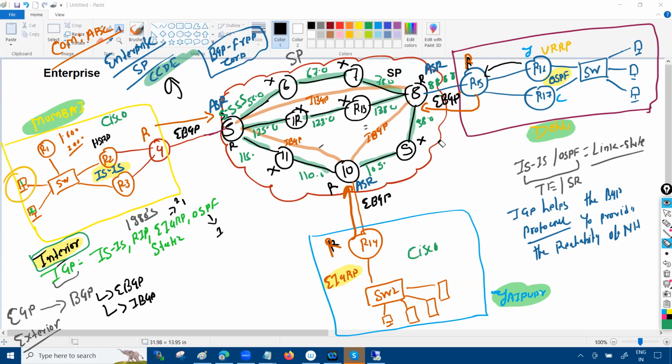So both BGP and IGP are required in the service provider core. Can you see that? We are running EBGP between the customer and service provider. Between the PE routers, we are running the IBGP protocol to exchange the routes, so that R6, R7, R12, R13, R11, R9 do not maintain the customer routes.